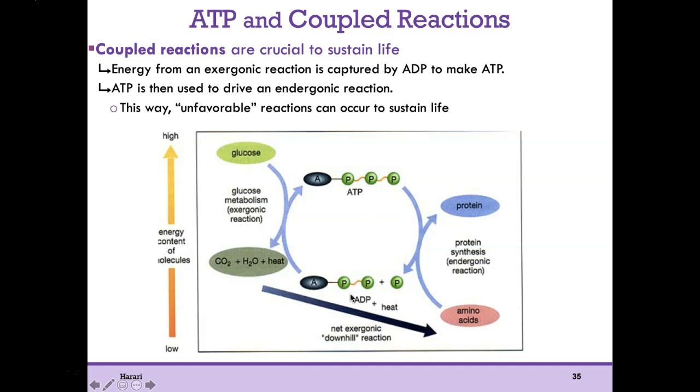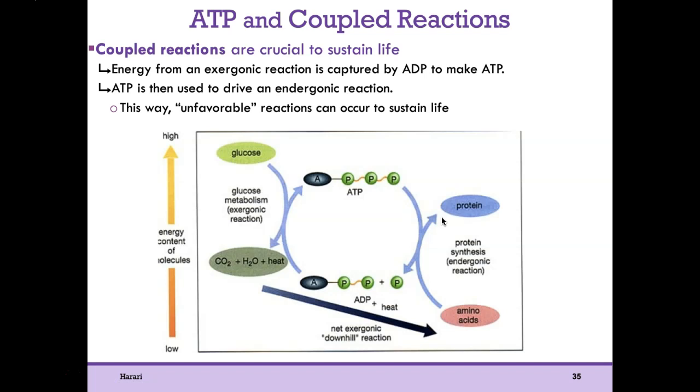We could then take a low-energy ADP and turn it into a high-energy ATP, right? It's coupled reactions. Now that we have a high-energy ATP, right, if we break that down to a low-energy ADP, we could then take low-energy amino acids and convert them into the high-energy protein. Right, so this is how coupled reactions work.